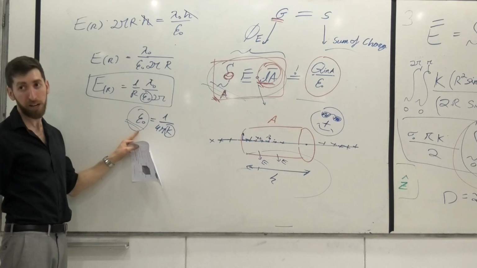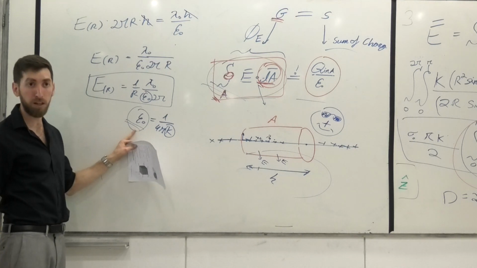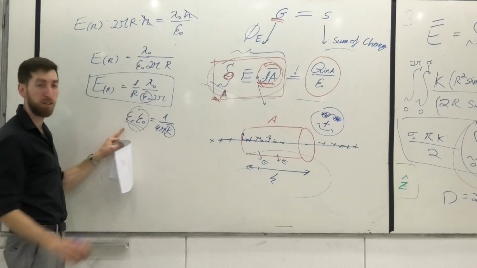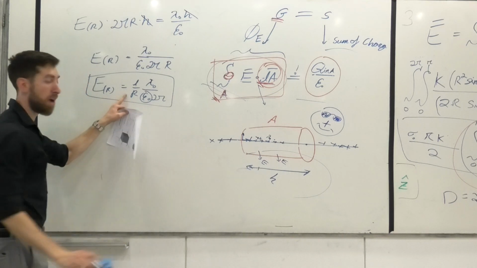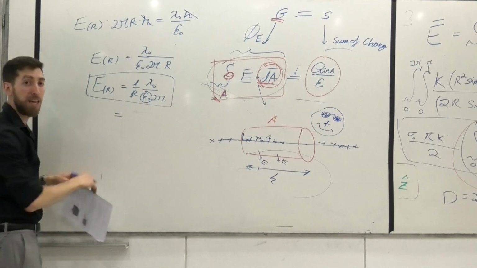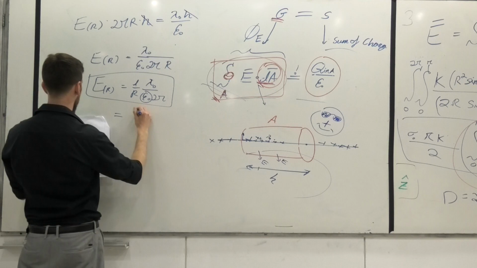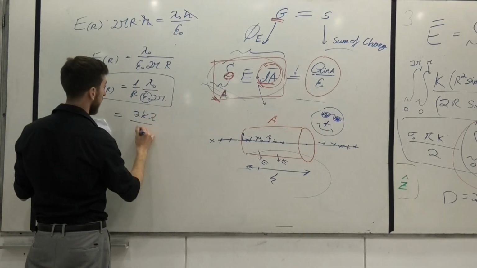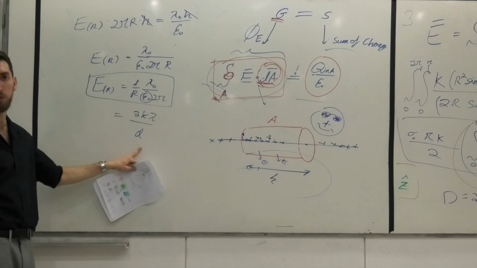This is the value for vacuum in space, outside of the Earth. If not, we need to fix it by some constant, epsilon r. But it's not relevant for now. If you put k instead, as you recommended, it's going to turn out to be 2kλ/d, where d is the distance, r, from the wire.